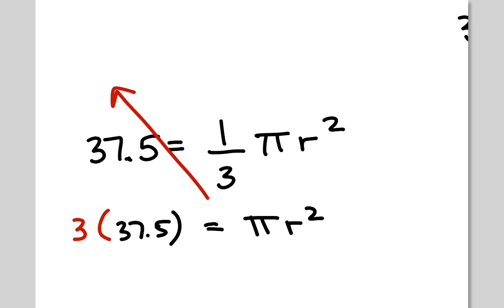Where does that pi go? Where is pi? On the left or the right? Upstairs or downstairs? On the right, pi is upstairs. So pi needs to be divided out just like the 8 was. So pi has to come down here.